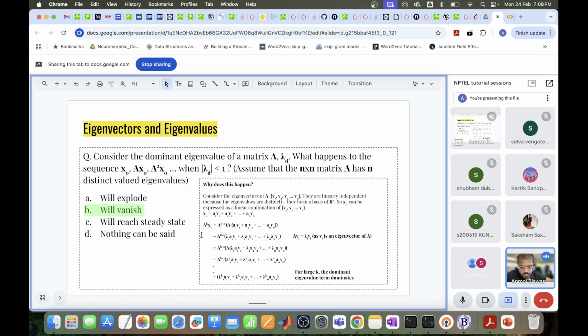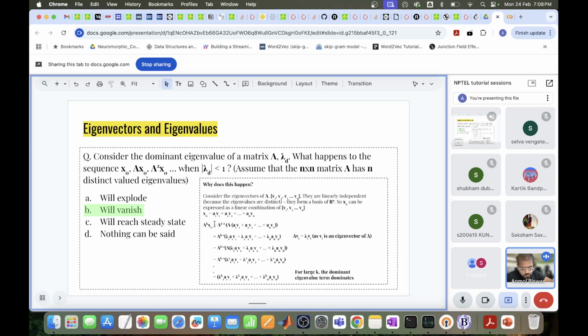And then we write this term. This is the kth term of the sequence, A raised to the power k times x0, and this is nothing but multiplying A again and again. So it's A times A times A dot dot dot k times, then multiplied by x0.